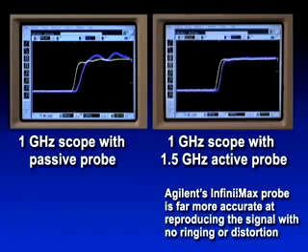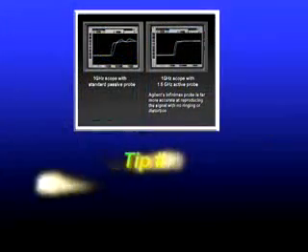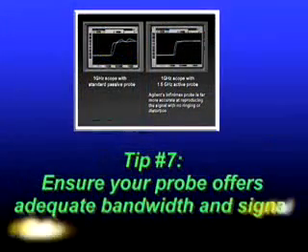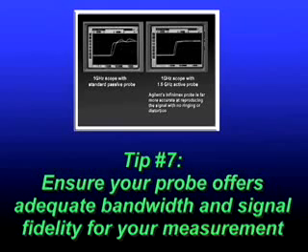Among active probes, the Agilent Infinimax probes do the best job of accurately reproducing the signal with no ringing or distortion. So, the key in selecting the right probe is understanding the bandwidth rating of the probe when using a variety of probe heads and accessories. Accessories meeting your physical probing configurations could cost thousands of dollars, while only degrading the performance of your high bandwidth active probe.